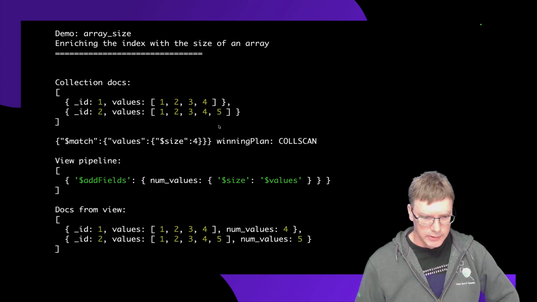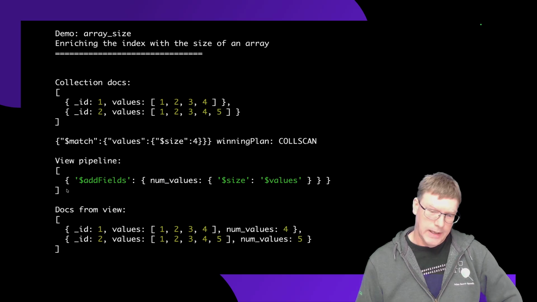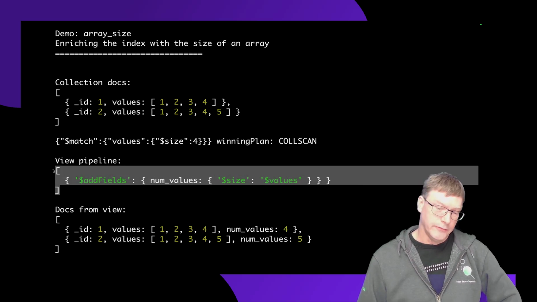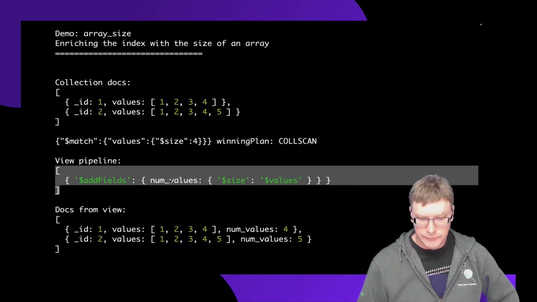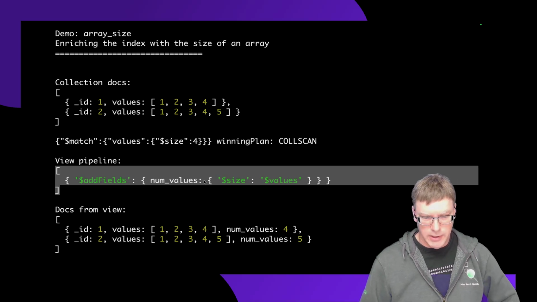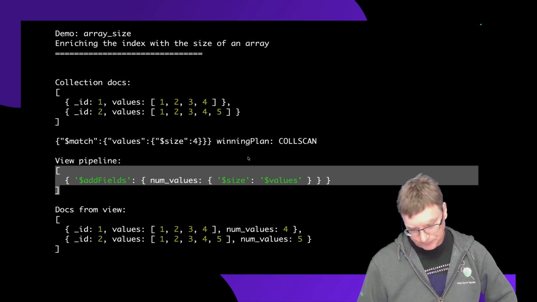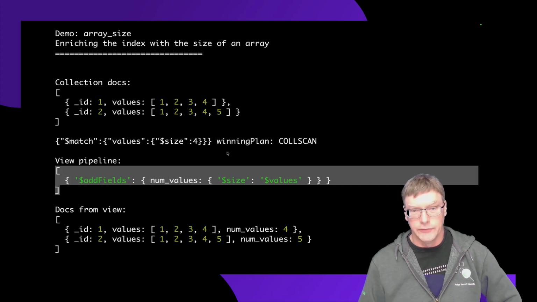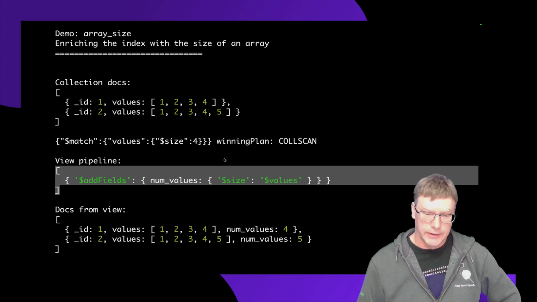So what we can do here is add a view pipeline, and this view pipeline adds a pseudo field, a field to the search index itself, not on the original documents, that computes the size of the array at index time and stores and indexes that value in the search index itself.